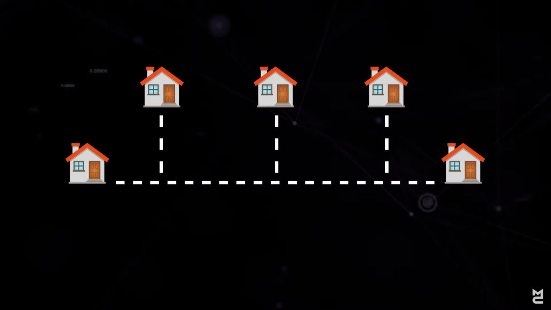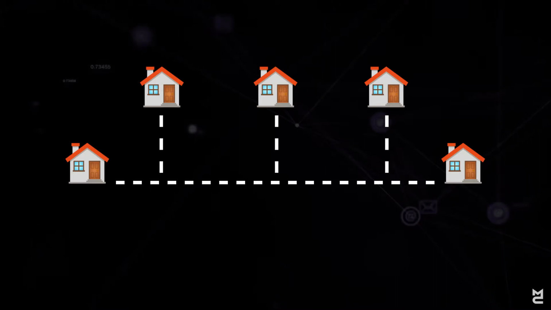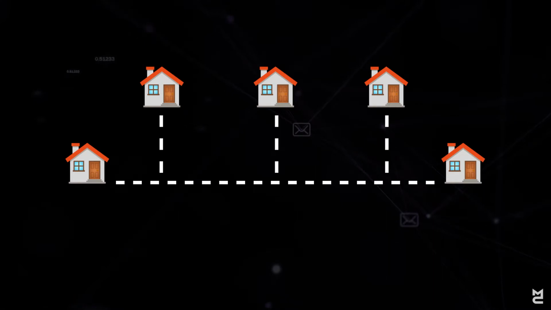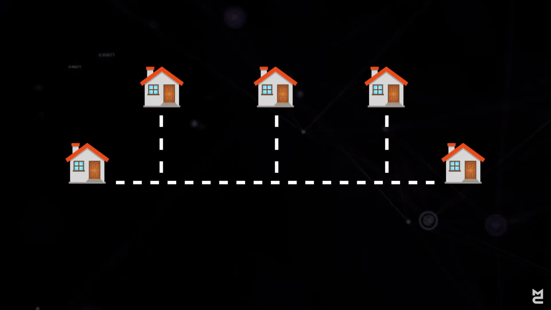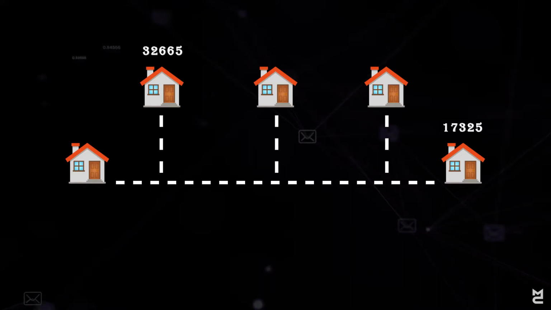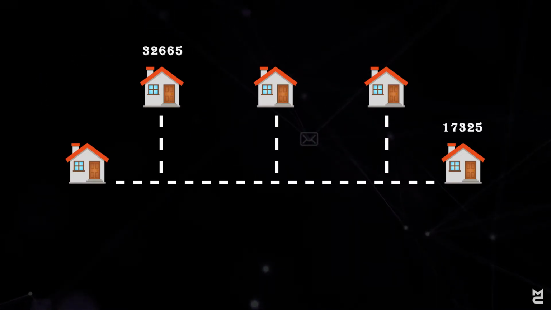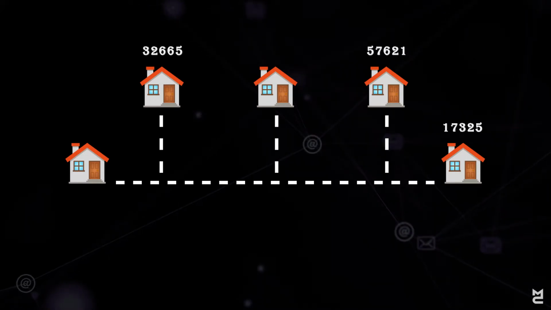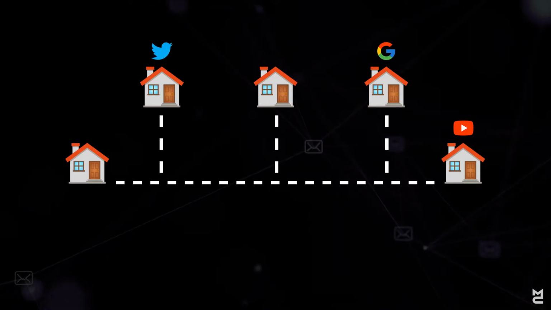But wait, there's actually another step. You have a lot of neighbors and it wouldn't be easy to memorize which friend lives in which address. For example, you're not going to remember that YouTube lives in 17325 and Twitter lives at 32665 and Google is at 57621. What is easy though is remembering their names, YouTube, Twitter, and Google.